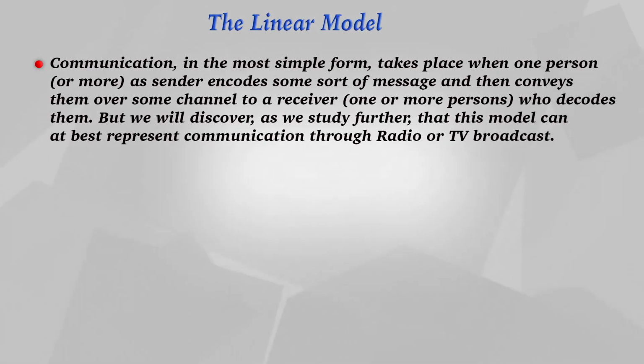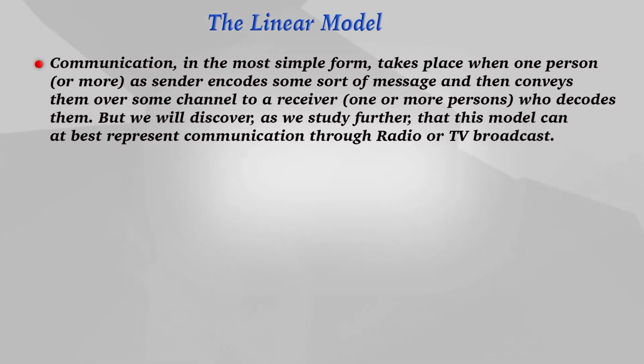So, what is the linear model? Communication in its most simple form takes place when one person, or it can be more than one person, as a sender encodes some sort of message and then conveys it over some channel to a receiver. Again, the receiver can be one person or more than one person who decodes it.